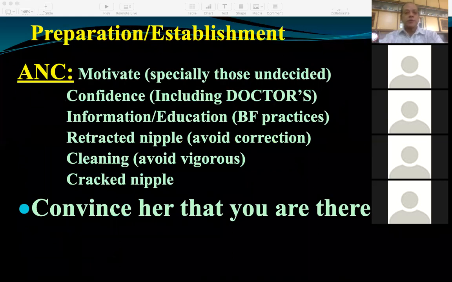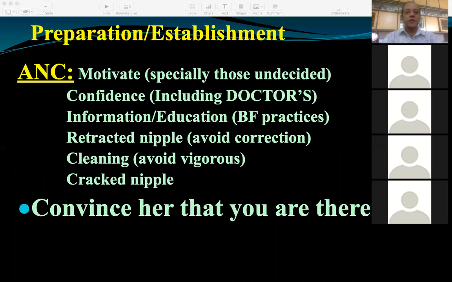Now, when we discuss breastfeeding, which is very important, does it need any preparation or establishment? There is no special need for preparation, but some minor things we have to do during the antenatal period. You have to motivate, especially those mothers who are undecided. Confidence is to be built because many times the mothers may not be confident and even the doctors may not be confident that the mother can give breastfeeding. So we have to increase the confidence of the mother and motivate her that she has to breastfeed after the delivery.